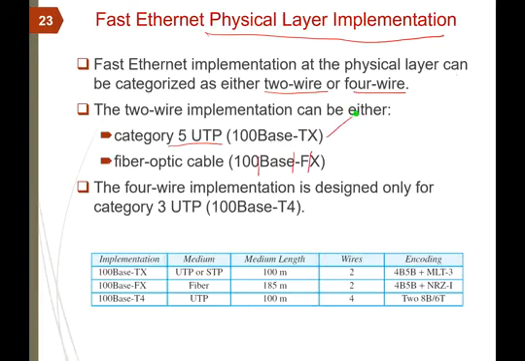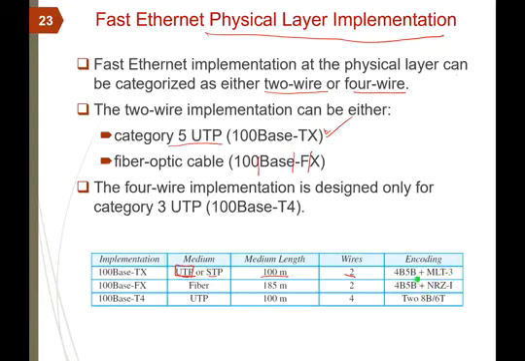This is the most widely used category, 100 base TX. It uses either UTP, unshielded twisted pair, or shielded twisted pair. The maximum length is 100 meters. It uses 2 wires. This is the physical layer and the line coding.